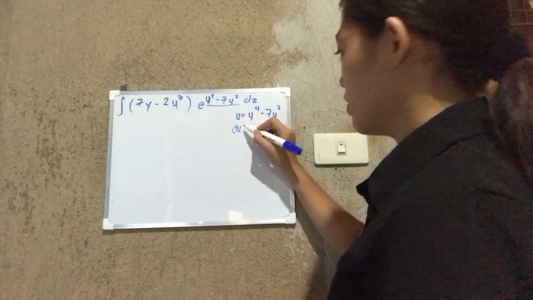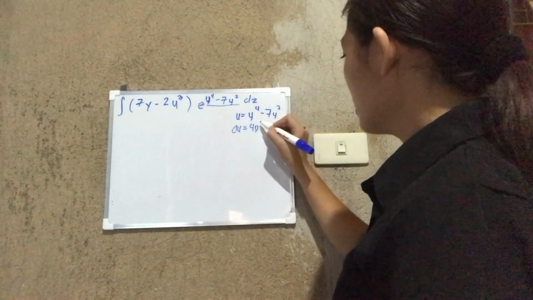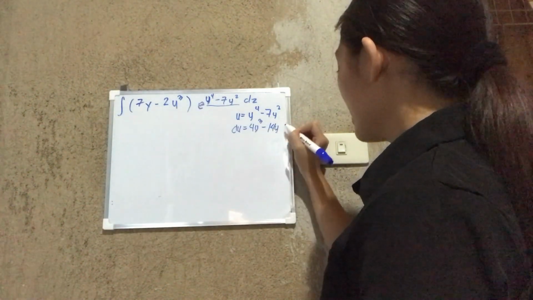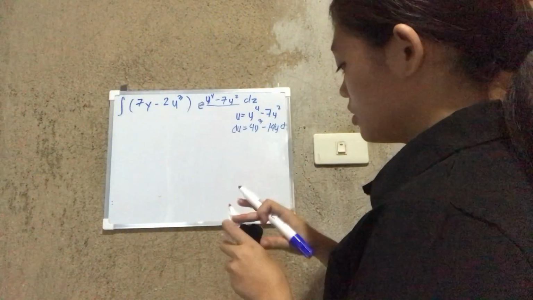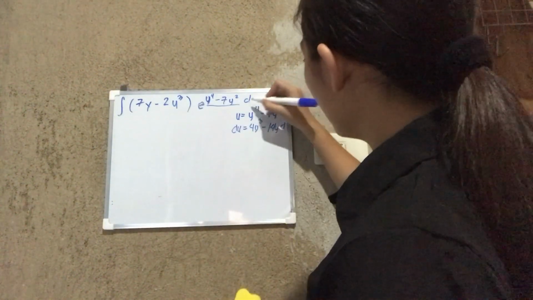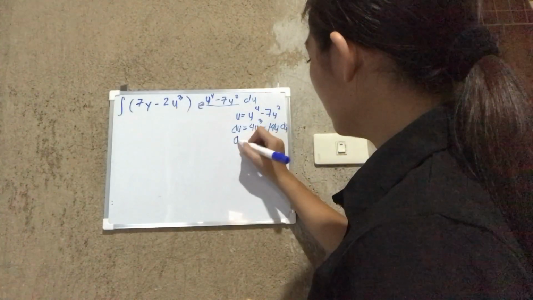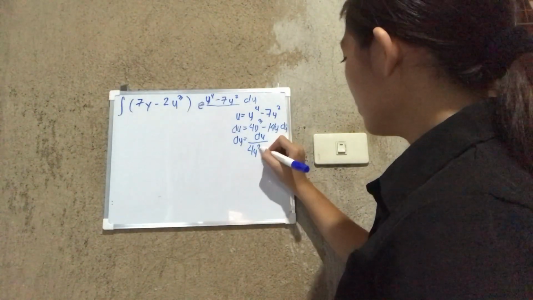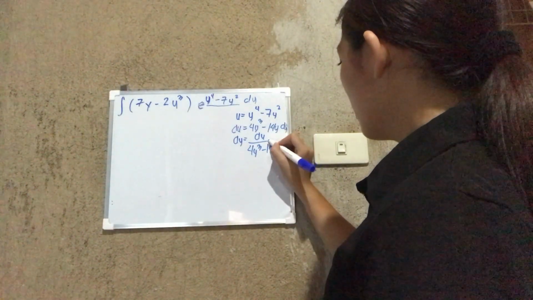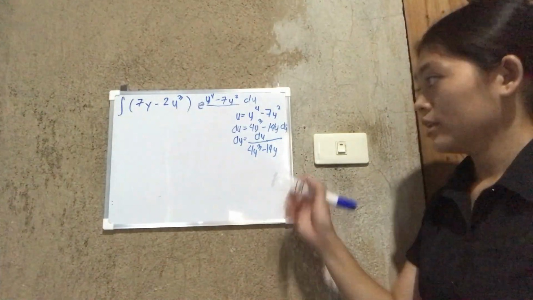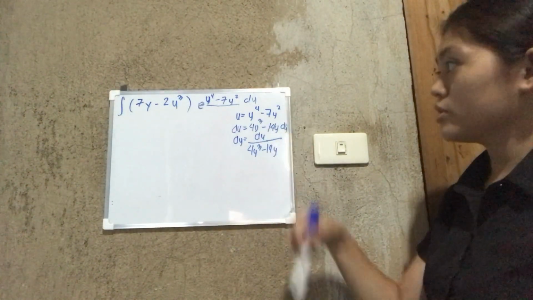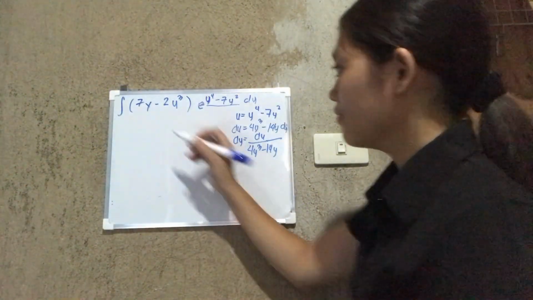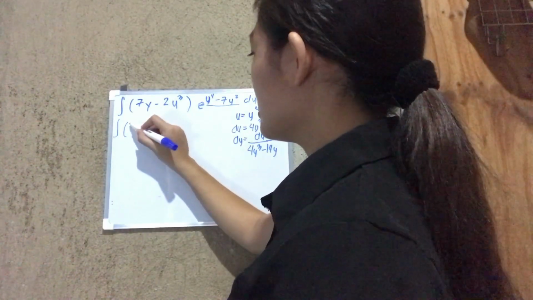Then derive this one, so it will become 4y cubed minus 14y, then copy dy. Then look for the dy, which is du over 4y cubed minus 14y. So now that we have these terms, we are going to substitute this one to the original function. So we have here, copy the 7y.